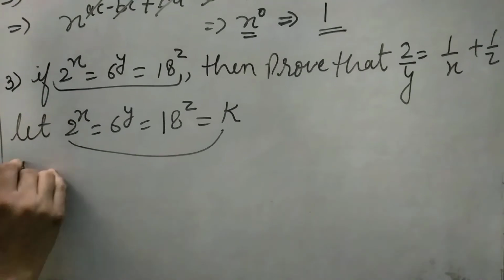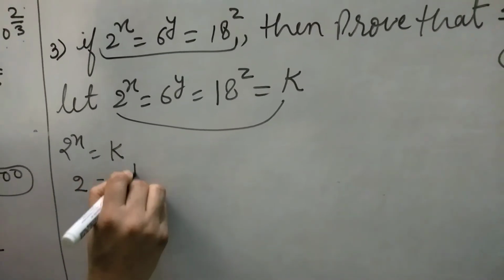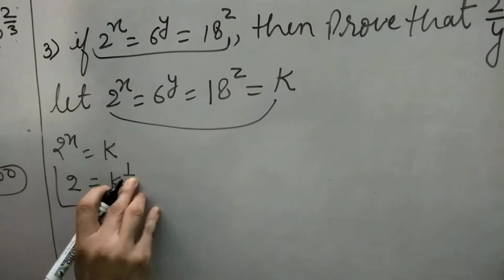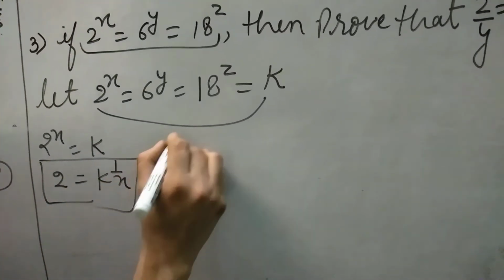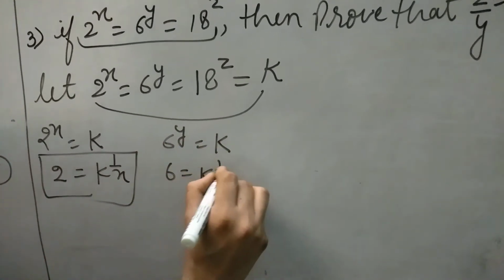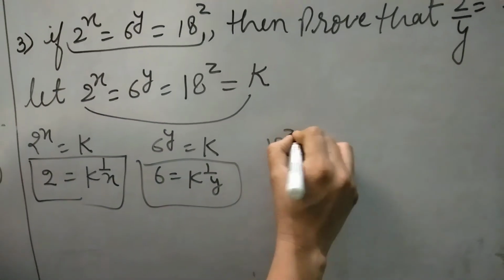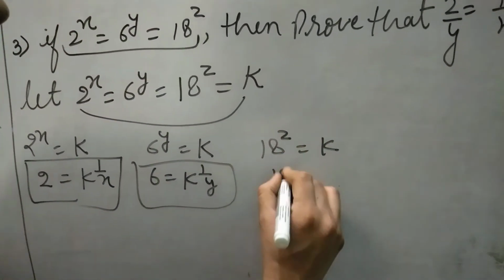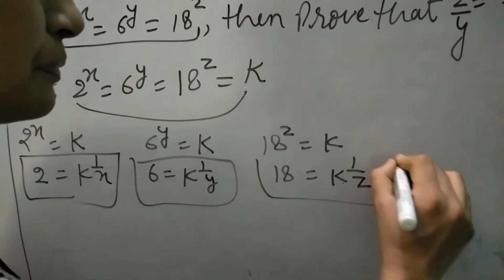2 raised to the power x is equal to k, so 2 is equal to k to the power 1 upon x. Again, if 6 raised to the power y is equal to k, then 6 is equal to k to the power 1 upon y. Similarly, if 18 raised to the power z is equal to k, then 18 is equal to k to the power 1 upon z.